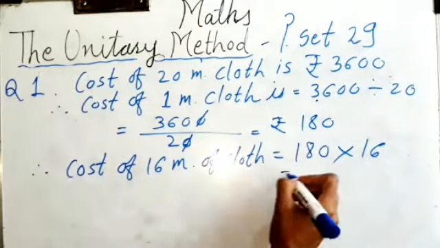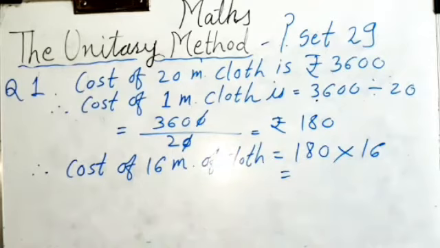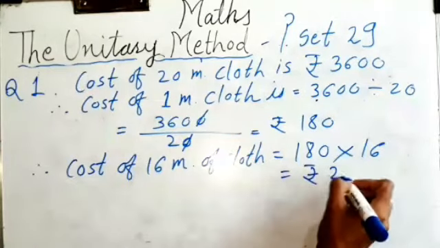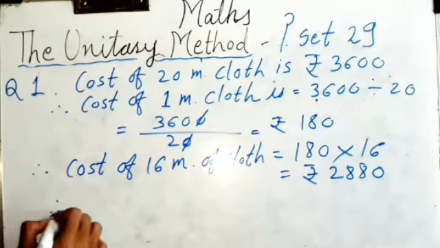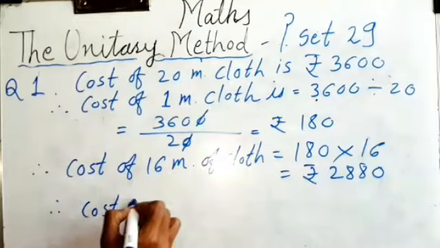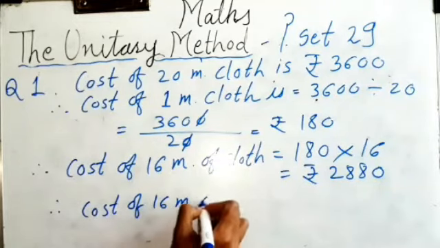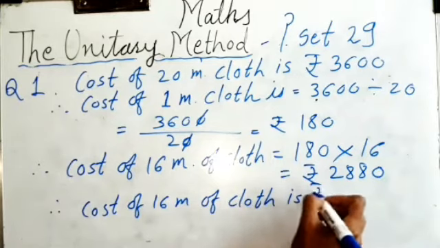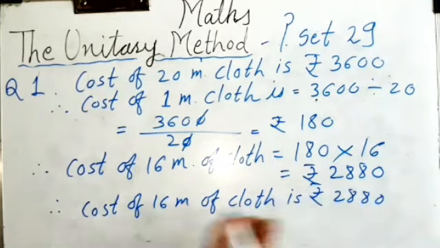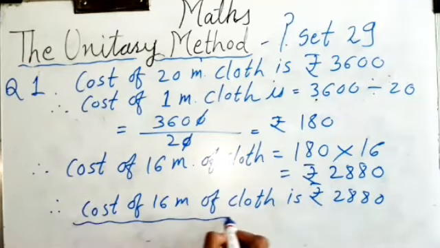So 180 multiplied by 16. You do this multiplication and you will get the answer 2880. Rupees 2880. Therefore the cost of 16 meters of cloth is rupees 2880. This way you can find the final answer.